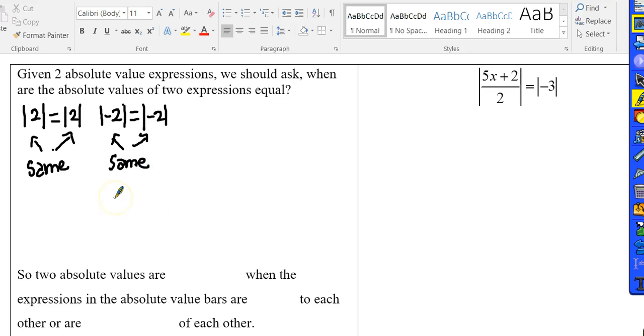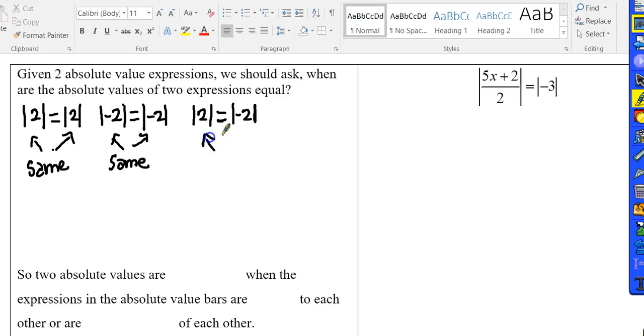So that's two ways when the values inside are exactly the same and we end up with a true statement. But that's not the only way it could look, and this is the important part to understand. I could also look at them like this: the absolute value of 2 is equal to the absolute value of -2. Still true.